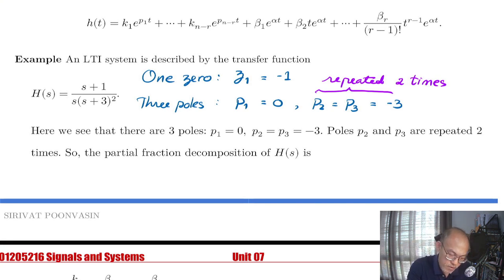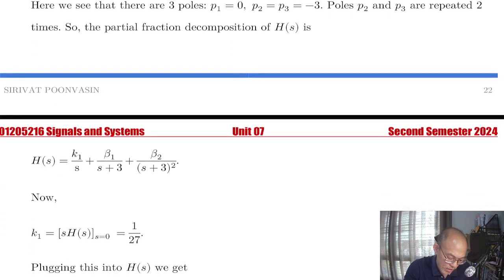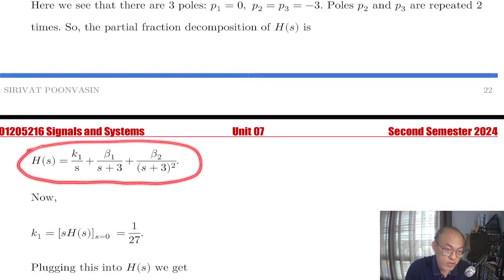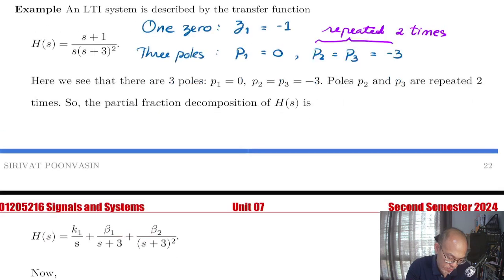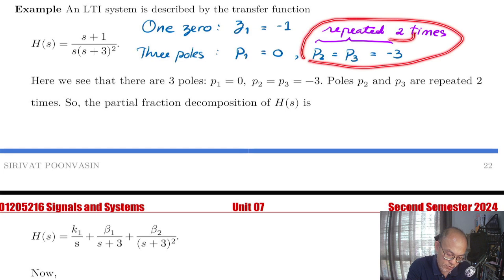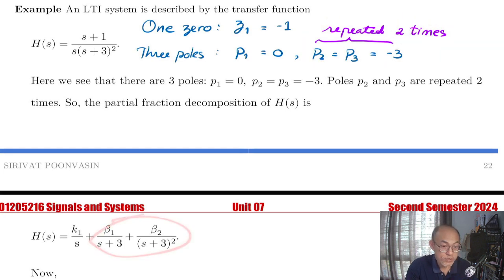So, because they are repeated 2 times, we can write down H(s) in this form. We have k1 over s, which corresponds to the first pole. Now, as for the repeated pole at minus 3, we need 2 terms, right? The number of terms here, which is 2, is equal to the number of repetitions of P2 and P3, which is also 2. So we need 2 terms.